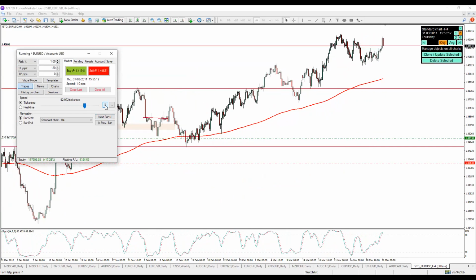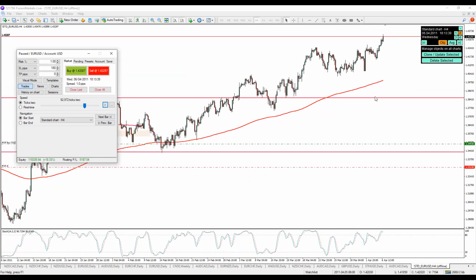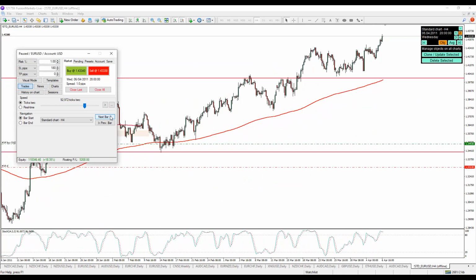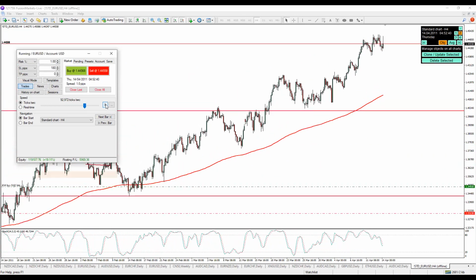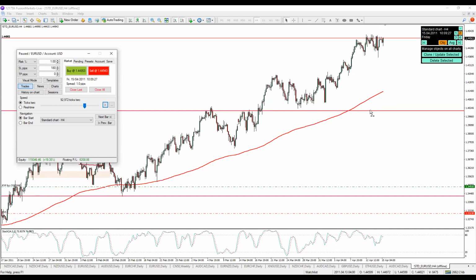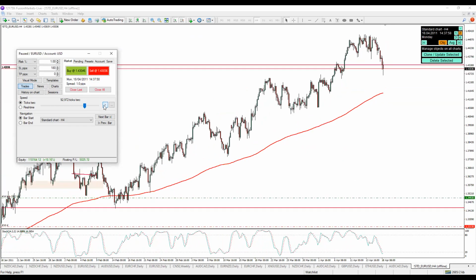But we're going to just continue to hold this. All right, now let's just move our stops. We're going to pretend it's there. So we've got about a 1,000 pip trade on this one at the moment running. Okay, cool. Let's just close that.